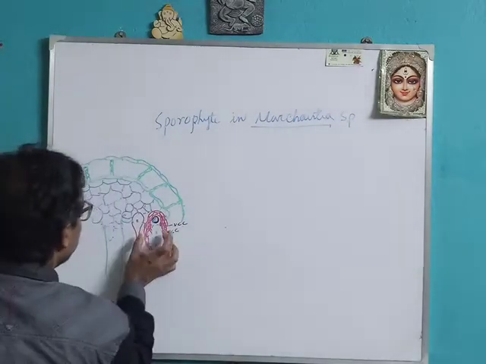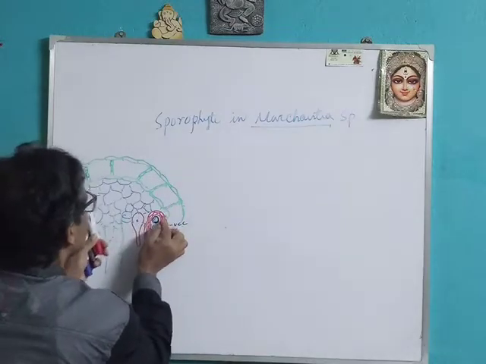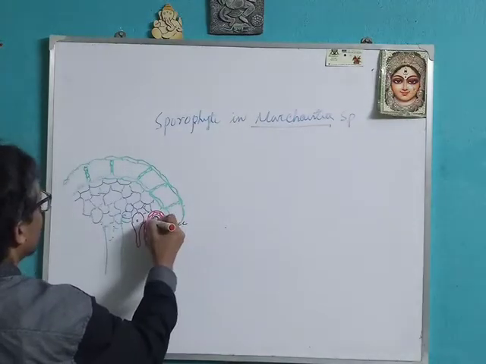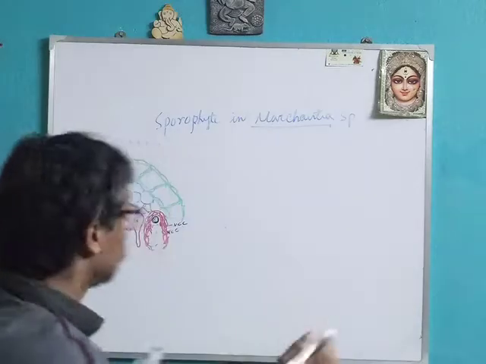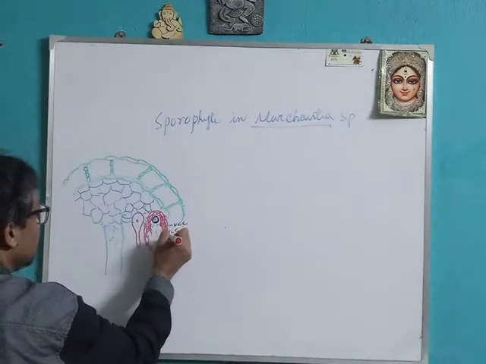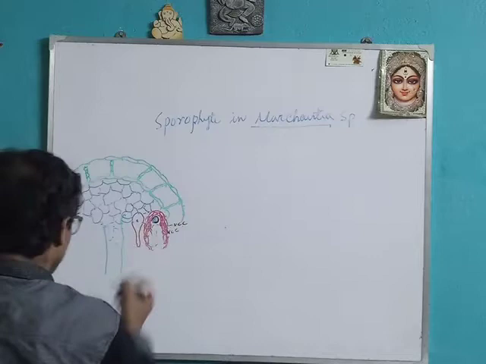Now, the cells of the venter are haploid in nature, so those are undergoing division and redivision and giving rise to such a kind of structure.